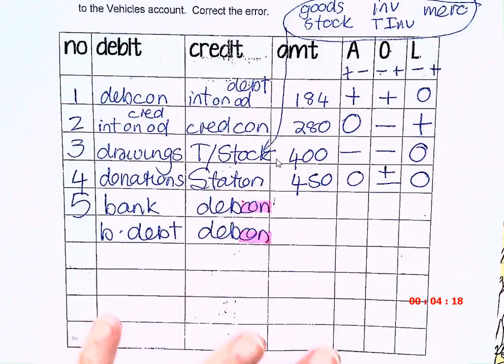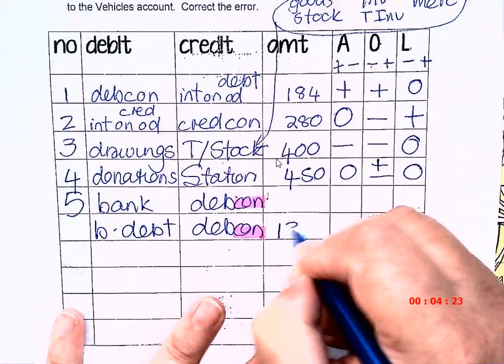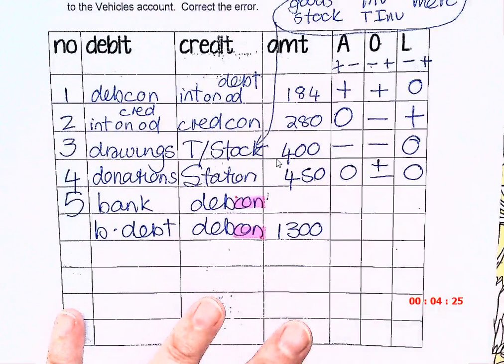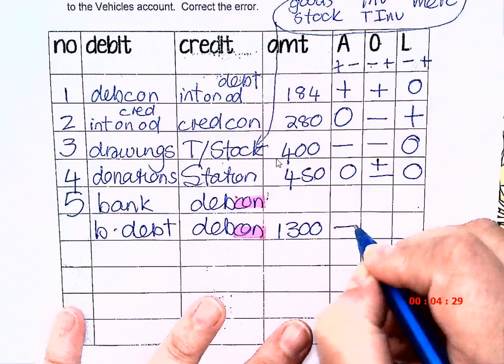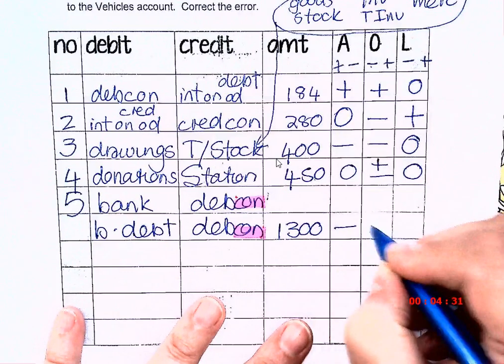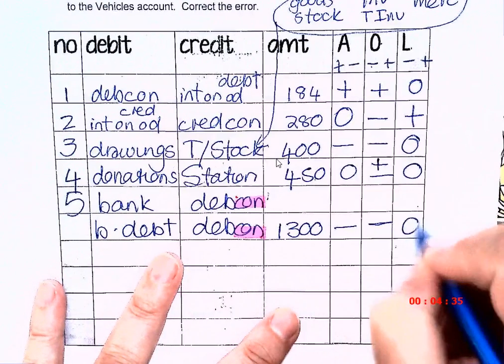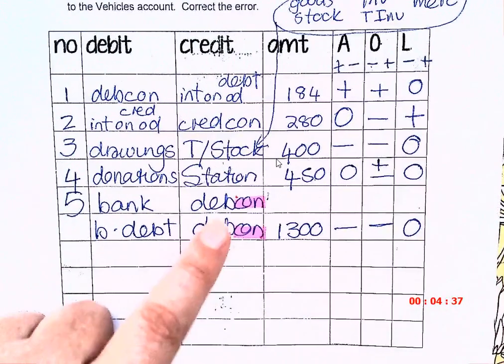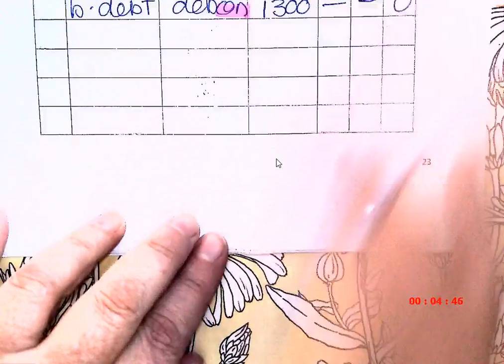So they say here we write the balance off, and the balance is 1,300. Now I know debtors control decreases, bad debt increases, which makes my owner's equity less. Now I'm going to have to do a calculation here. Let me do it the long way for you.